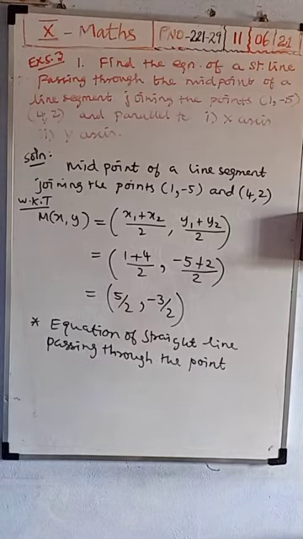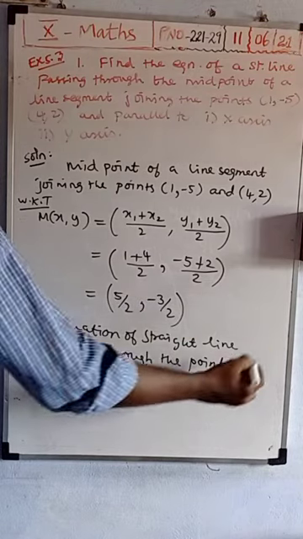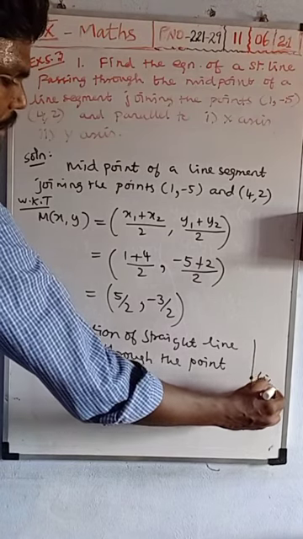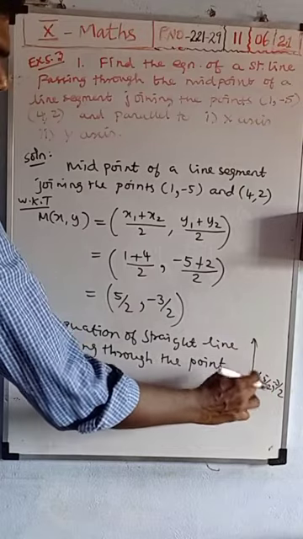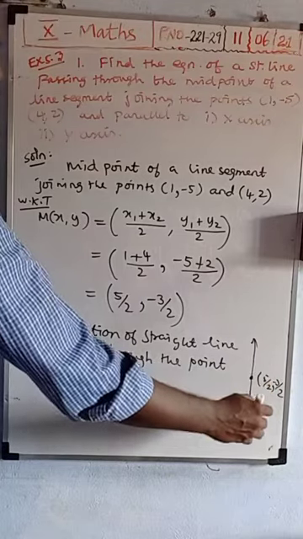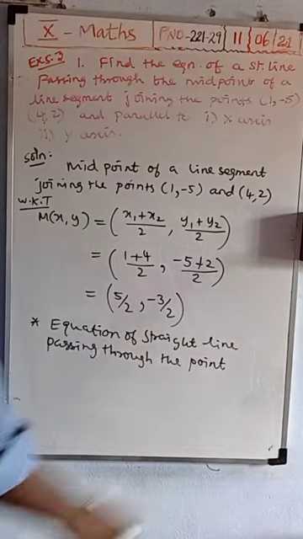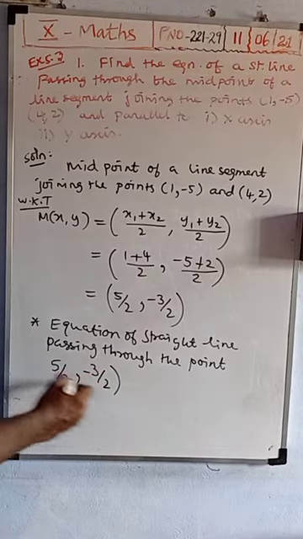So first we want to find the midpoint, and the line is passing through that midpoint, which is (5/2, -3/2). Then the equations parallel to the y-axis and parallel to the x-axis we want to find. Okay, first, passing through the point (5/2, -3/2).